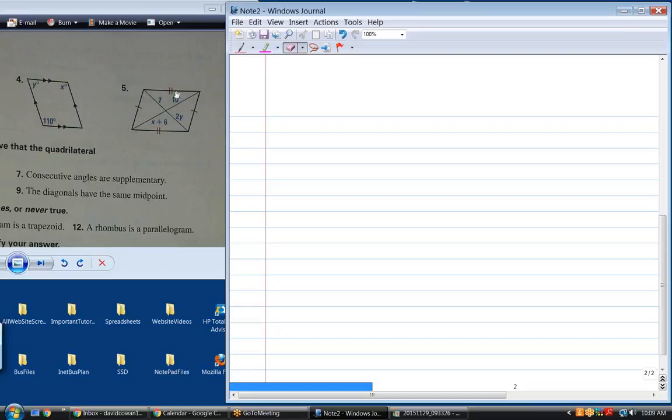It's merely a parallelogram where this side's longer apparently than this side, which means we don't know that angle, which means we don't know that side. Exactly. So therefore, the x plus 6 must be referring to that half diagonal. So it'd have to be equal to 10. Right. Okay, cool.